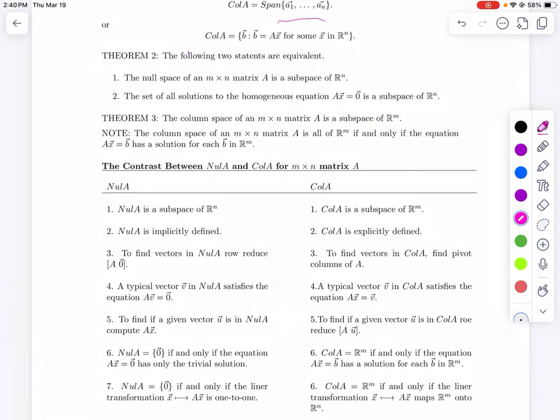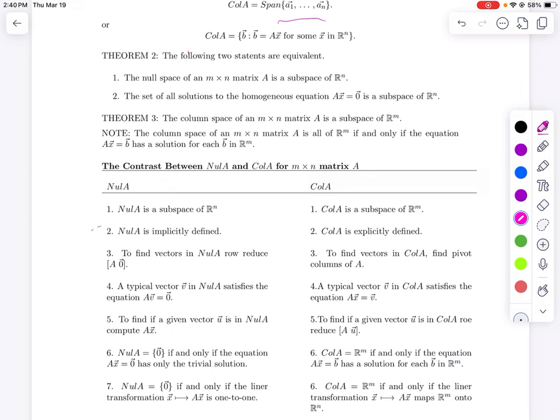Here is a contrast between the column space and the null space. The first point to note is that null A is a subspace of Rn, as mentioned in the above theorem, and column A is a subspace of Rm. Second, null A is implicitly defined and the column space is explicitly defined. What does that mean?